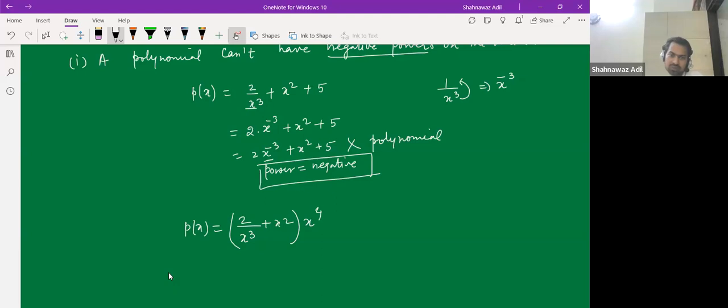Why is that? Because the power of 2 by x is negative. Okay, but have we simplified this question? No. So we have not simplified.